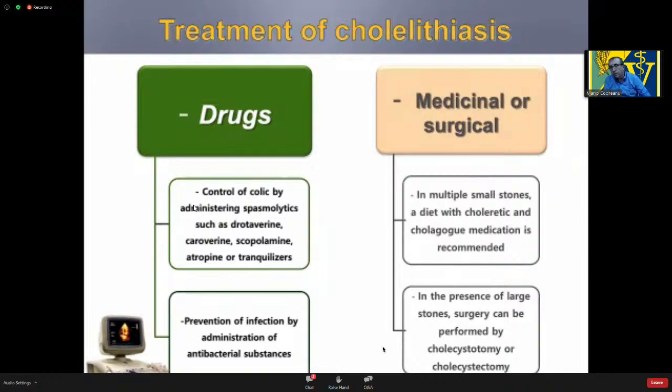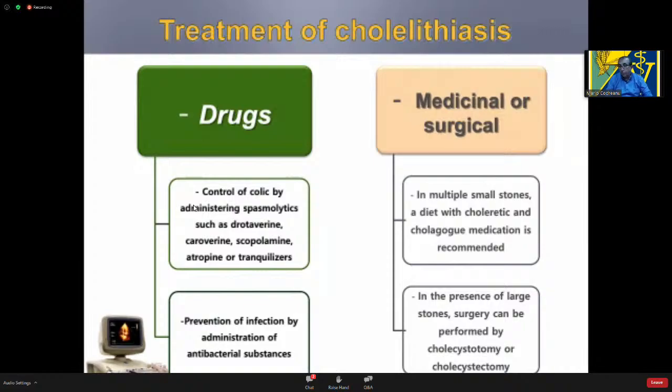In case of lack of response, in next steps, we can recommend a surgical treatment, because in case of multiple small stones, a diet with choleretic and cholagogue medication can be followed by success for healing and reducing the clinical expression.